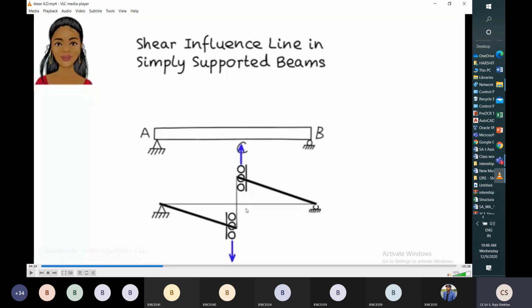Okay. So the deformed shape of the member will give the shear influence line for that particular section. So this is the deformed shape. This is shear. So this is the shear influence line for that section C of a member AB.